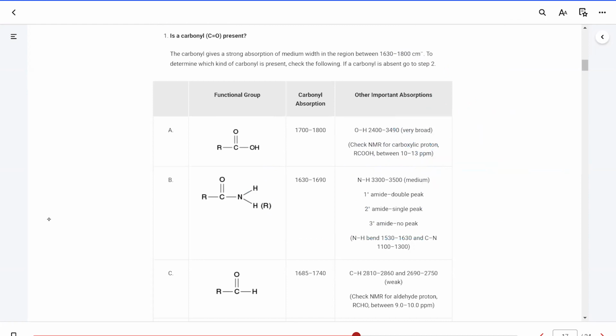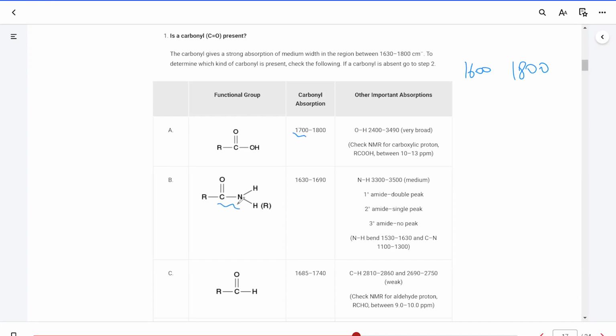First, we want to check whether a carbonyl group is present in the molecule. If the carbonyl group is present, a signal between 1,600 and 1,800 would be shown in the spectrum. If the carbonyl comes from a carboxylic acid, it is around 1,700.